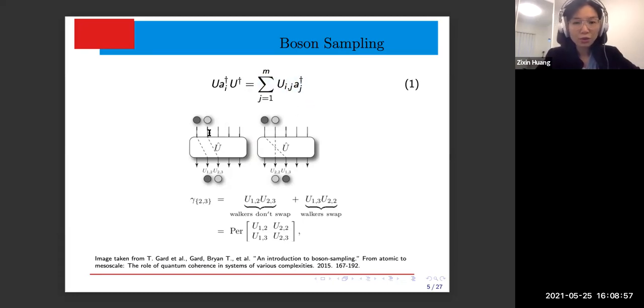If you just look at two photons, then the probability of them ending up in modes 2 and 3 is proportional to the probability amplitude of them both going straight through plus them swapping. And this operation is equal to the permanent of that particular submatrix. If you don't know what a permanent is, it's simply the matrix determinant with all the minuses swapped for pluses.